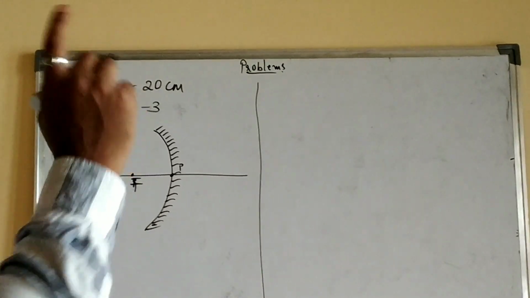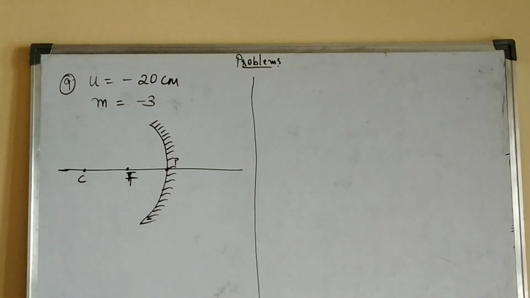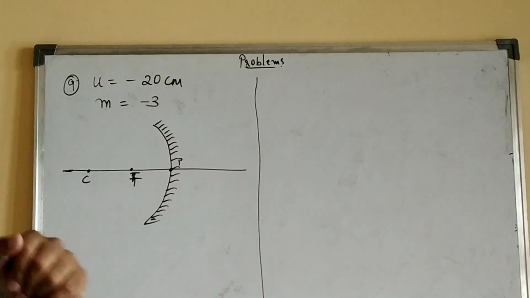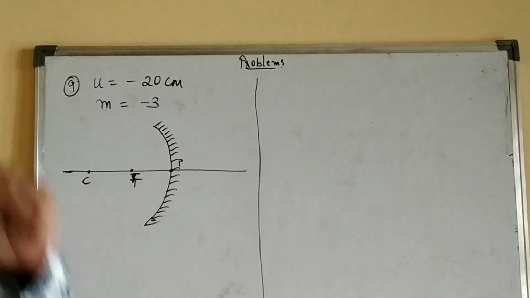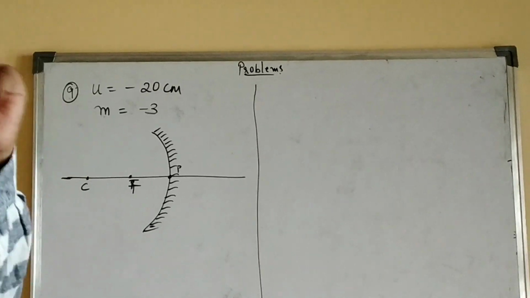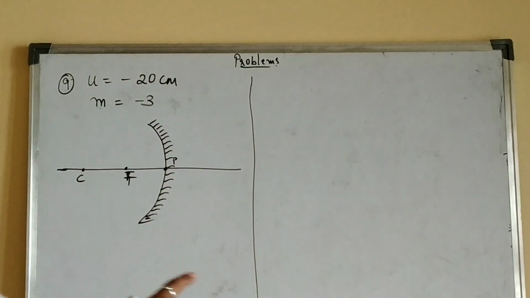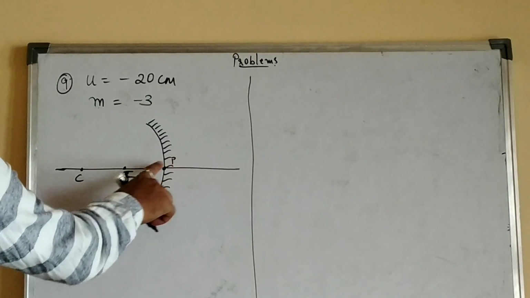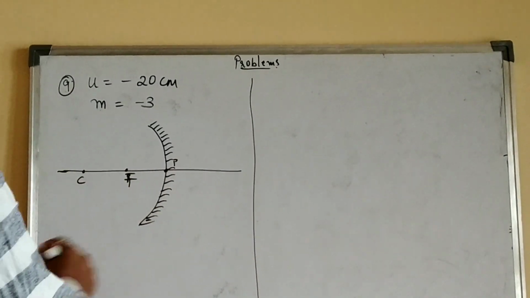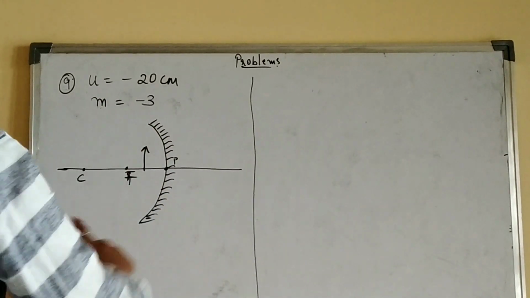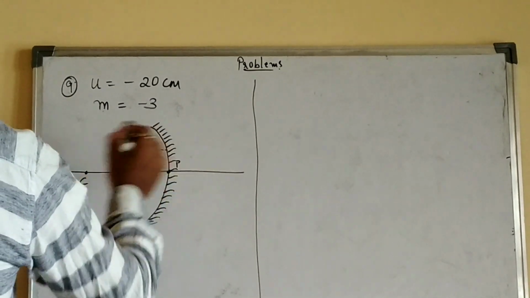Remember, when will you get the image to be virtual and erect in concave mirror in case 6? In what condition? When the object is in between pole and principal focus. Only at this position you will get the image to be virtual, right?